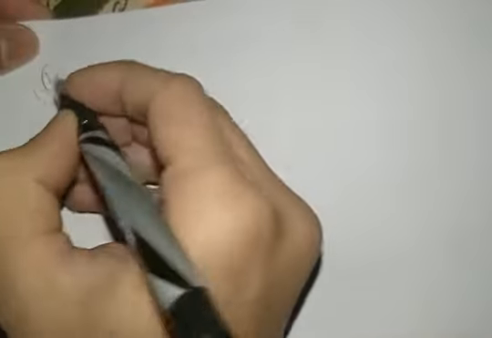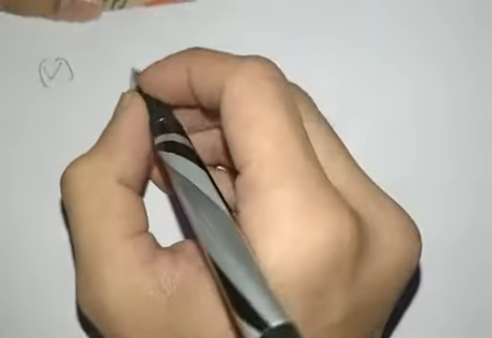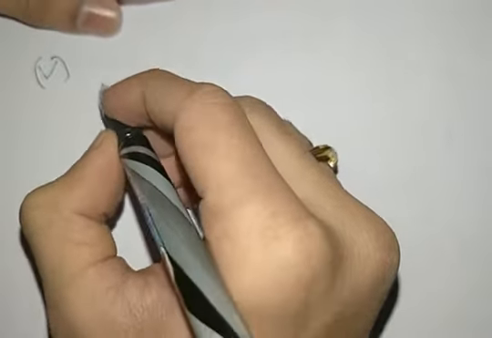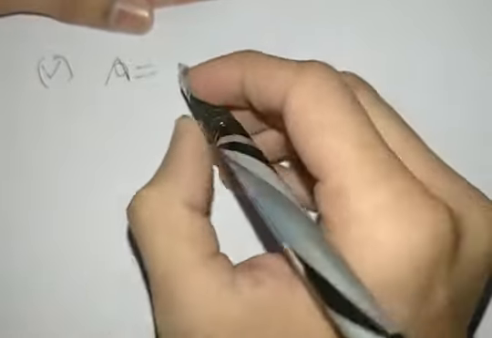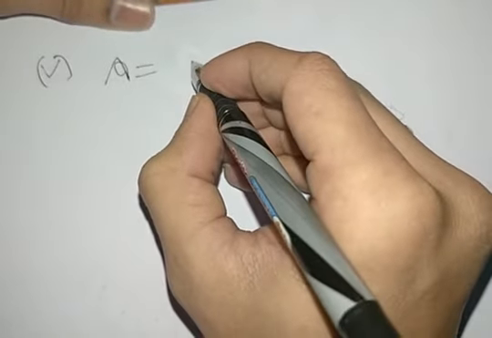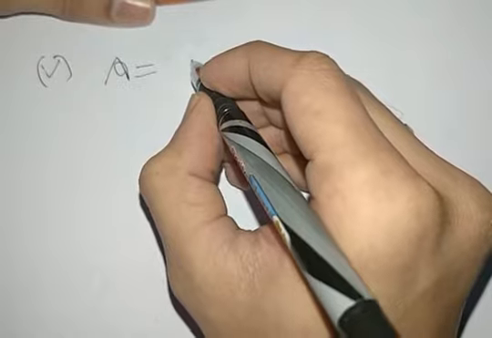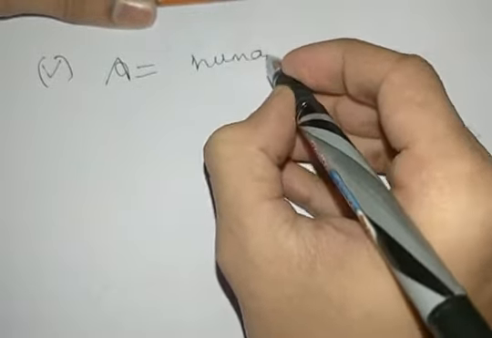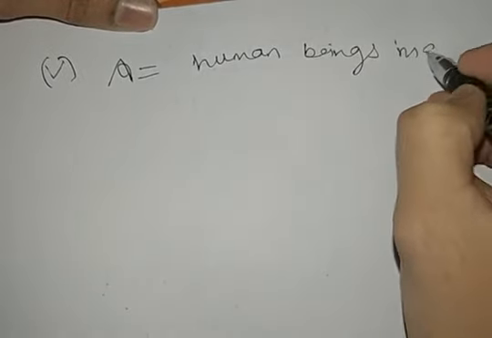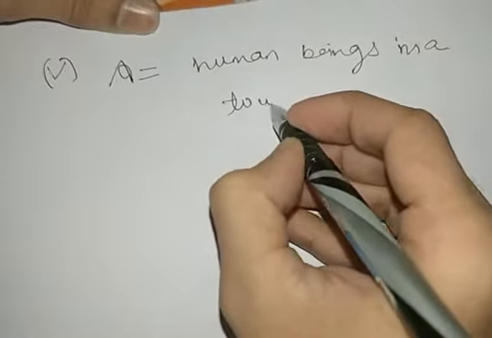Now let us go to the fifth problem. You have a relation R in a set A, which is given to be the set of human beings in a town. So A is equal to human beings in a town.